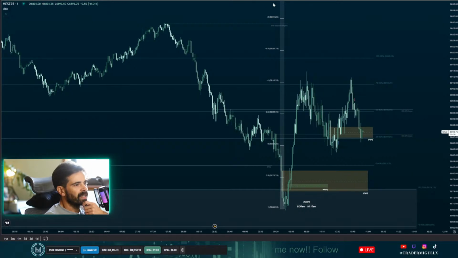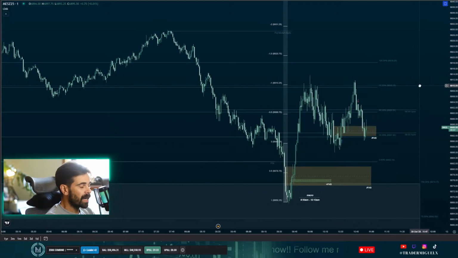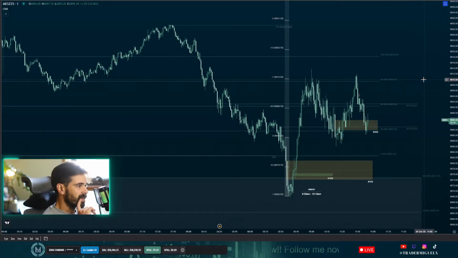At this point, I believe we will go lower. We kind of failed. But I also believe that ES might not be the best asset to sell.